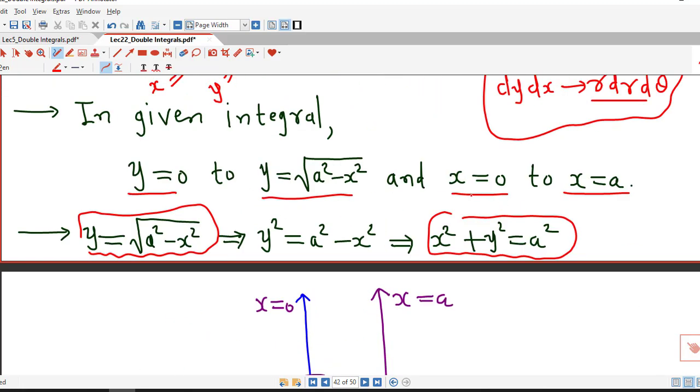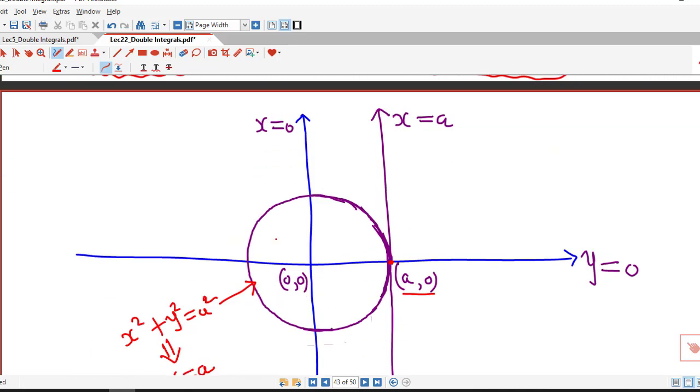So x is from 0 to a and y is from 0 to y equal to square root of a square minus x square. So y starts from x axis and it goes up to the circle, and x is in between 0 and a. So the region of integration is the region in the first quadrant of the circle. So this is the region of integration.